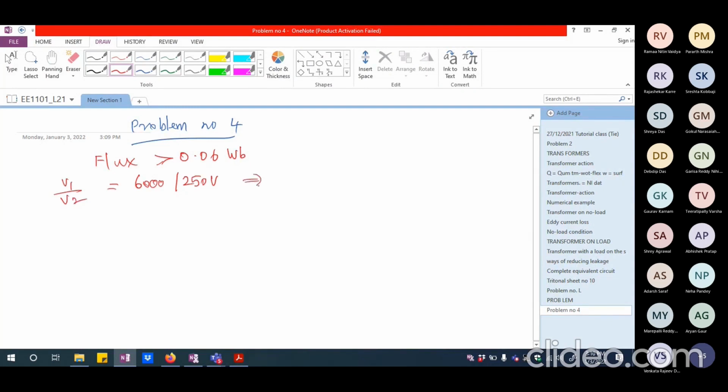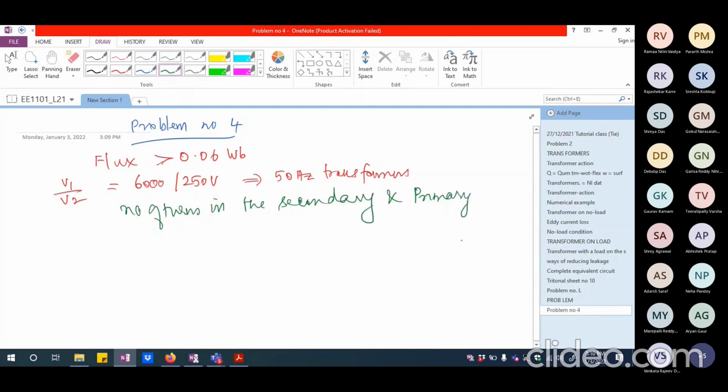Okay. And it is a 50 Hertz transformer. So what is being asked is the number of turns in the primary and secondary both. Both are being asked. Okay.